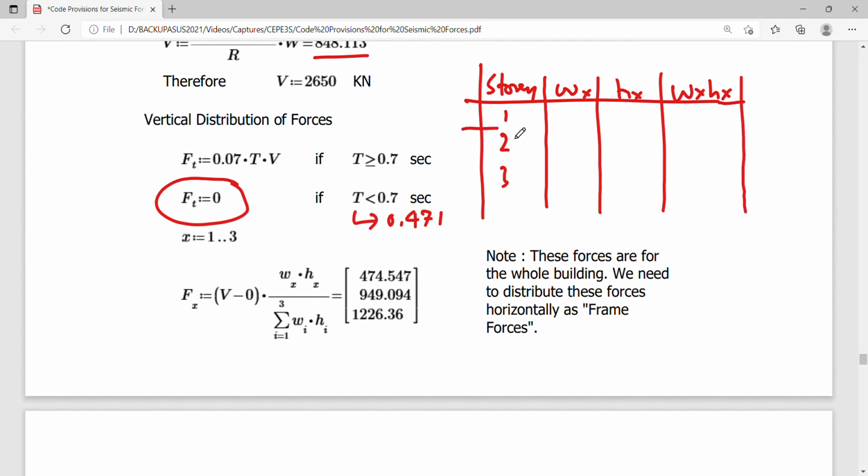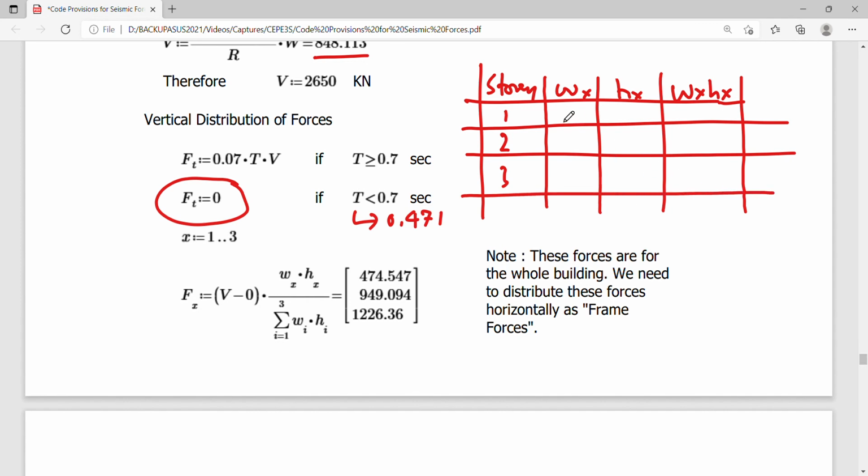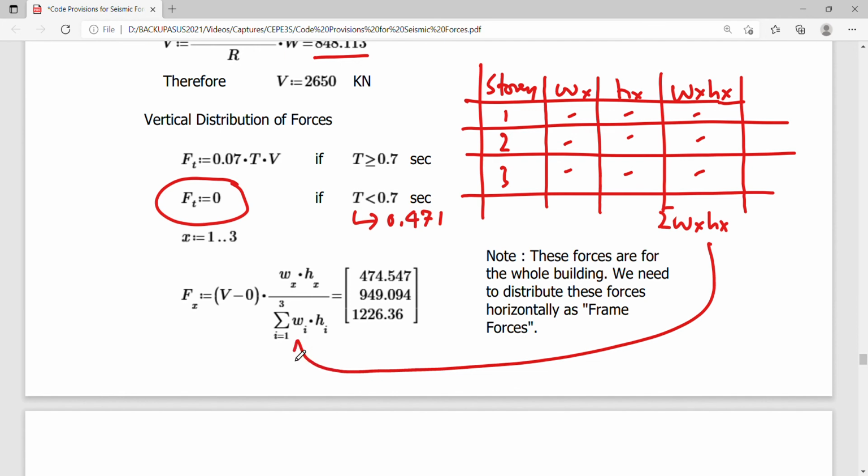Okay, so you just tabulate like this and fill up the blanks here. You get the weight here, and then the HX here, and then multiply the weight and the height, such that you will get these values here. This is now the summation of WX, HX, which is basically this one on the denominator.